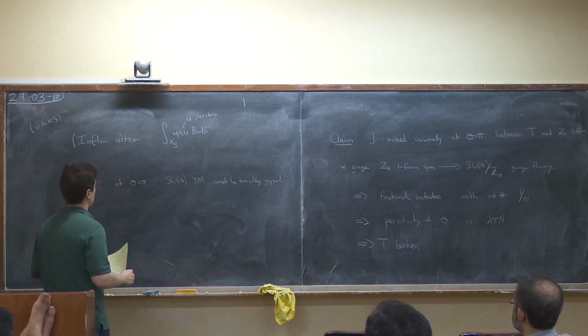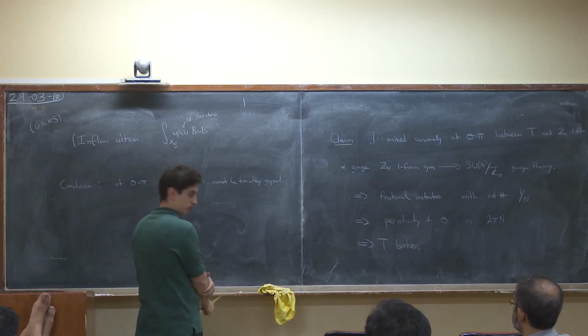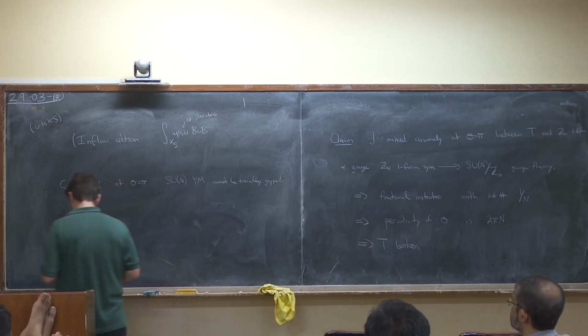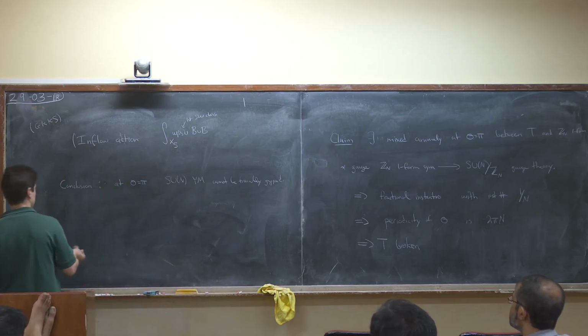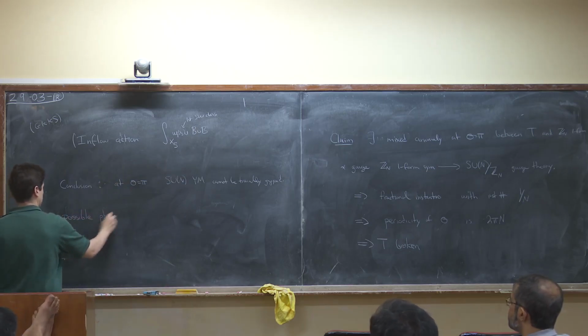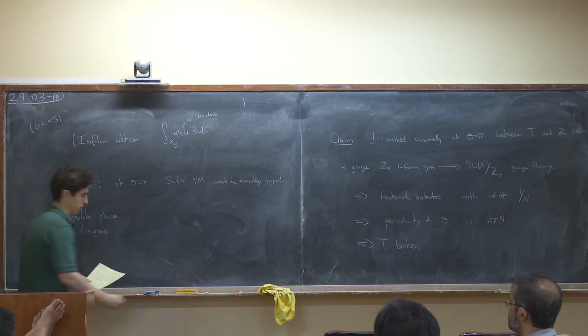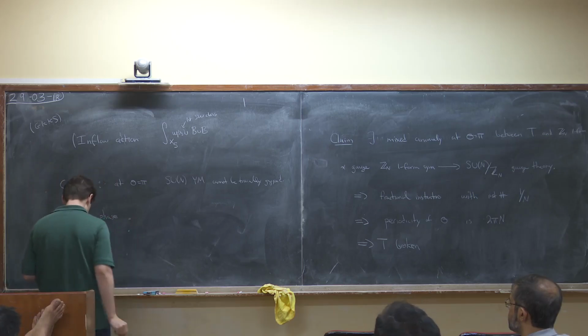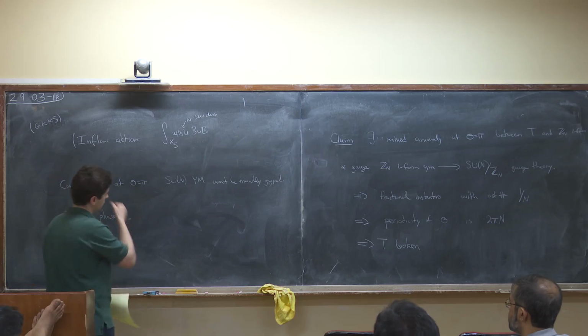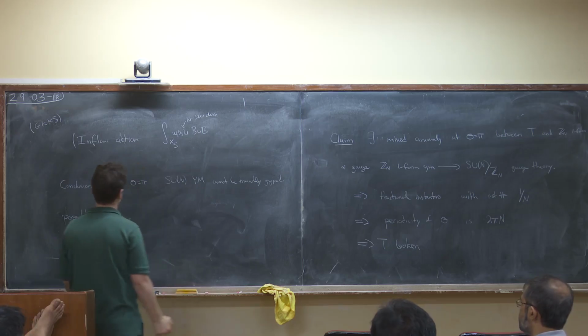Okay, so now let's conclude by discussing some possible phase diagrams. And this will involve us making some speculative assumptions. Okay, so how can we match this anomaly, right? In the infrared, we know that anomalies have to match. We found an anomaly, so the infrared has to have it.